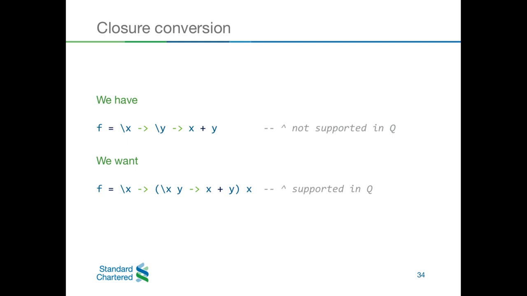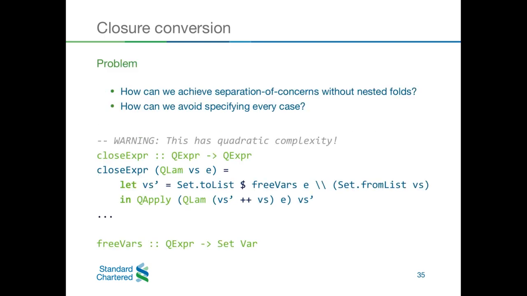The binder for it is outside in the top level lambda, and this isn't supported in Q. But this is supported, where we can basically close this lambda here by adding the x as an explicit binder, and then partially applying x to this inner lambda here. So this now is supported in Q. But all is not well. Sorry. Next slide.